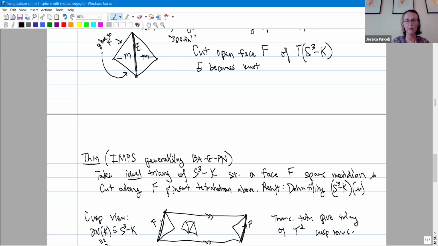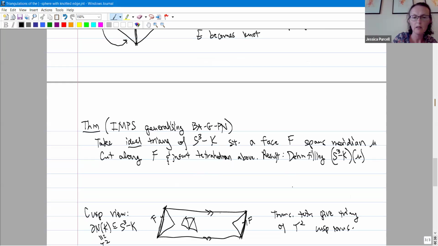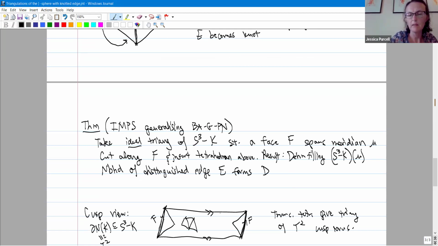You could do this a little bit more generally if you have any three-manifold M. And the neighborhood of E is the solid torus. Let me scoot this down just a bit. So the neighborhood of E forms this Dehn filling, a solid torus.